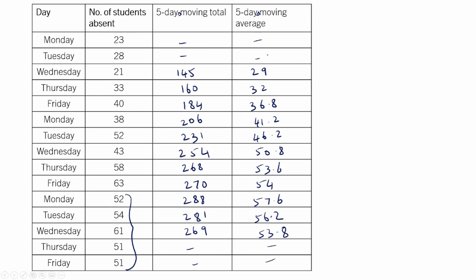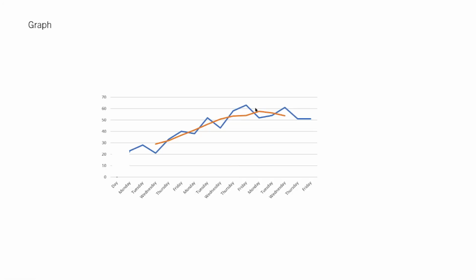So these are the 5-day moving averages. So if we draw the graph, here we have the number absent.